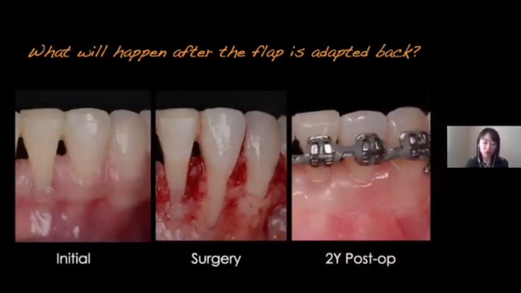And here's the initial, the surgery, and the 2-year follow-up post-op. So as you can see, even with the buccal dehiscence, the 2-year post-op shows that the soft tissue margin is still maintained very stable. And actually, if you look at it here, the soft tissue biotype has completely changed from thin to a thick one.